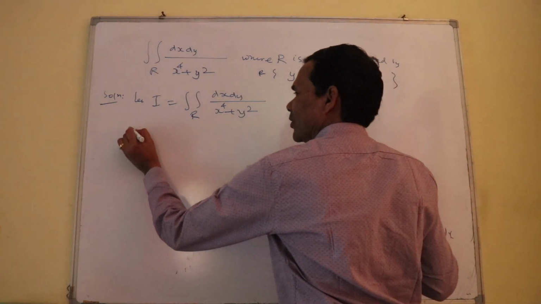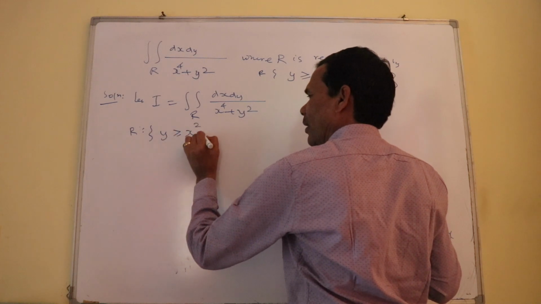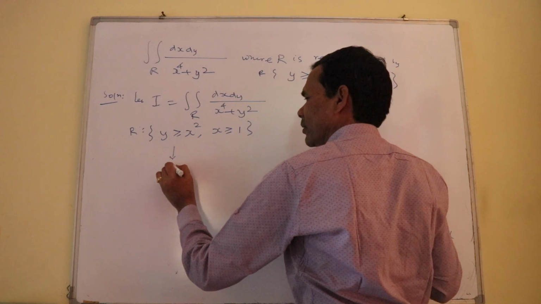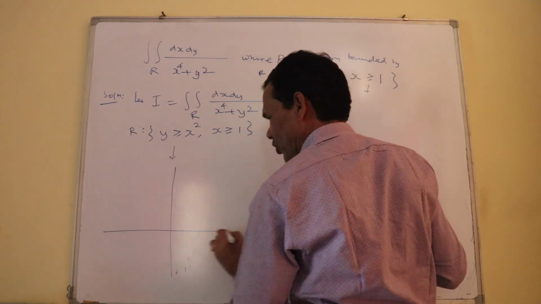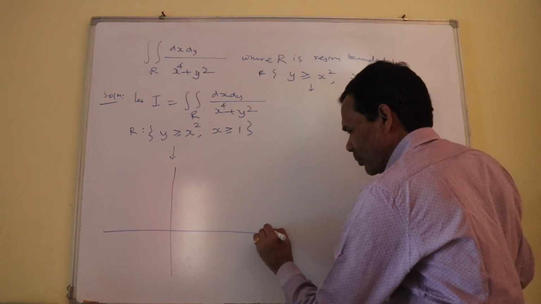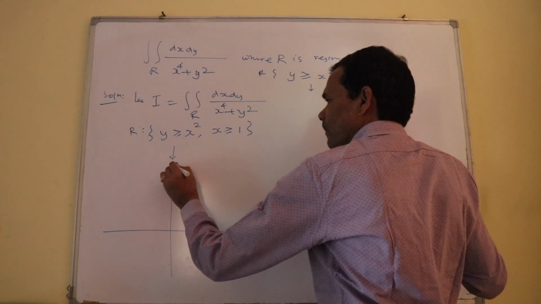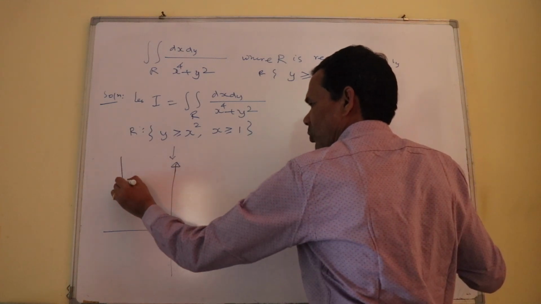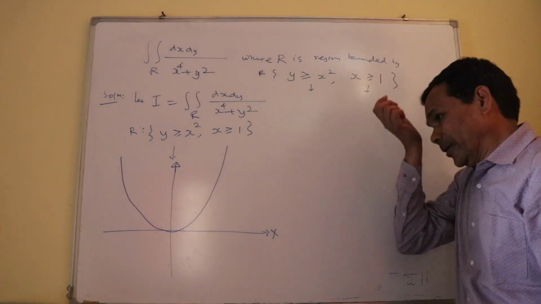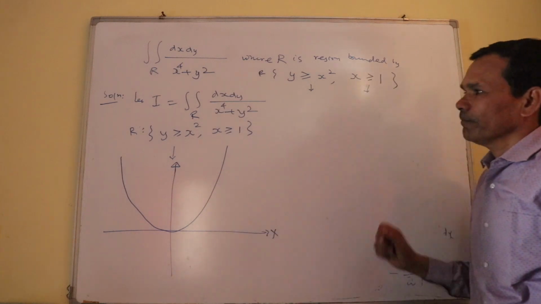So R is this region, y is greater than x square and x greater than 1. So I try to locate this region of integration. y is equal to x square is a parabola, symmetrical about the y axis, and this is the region y greater than x square.